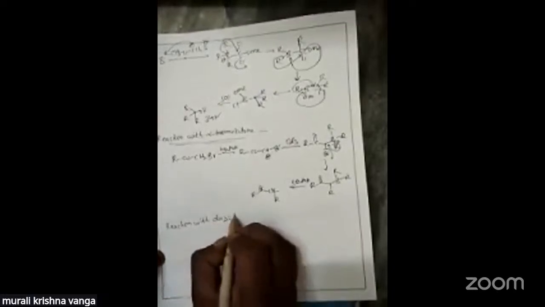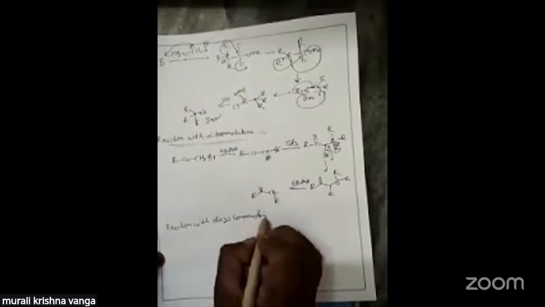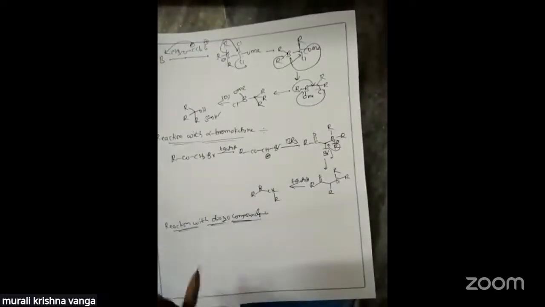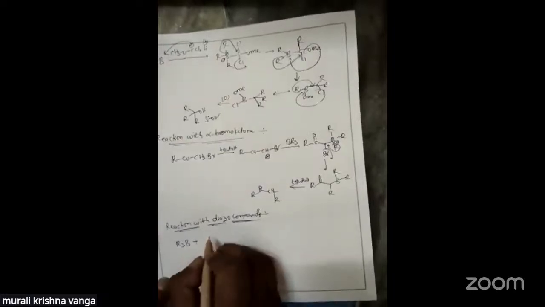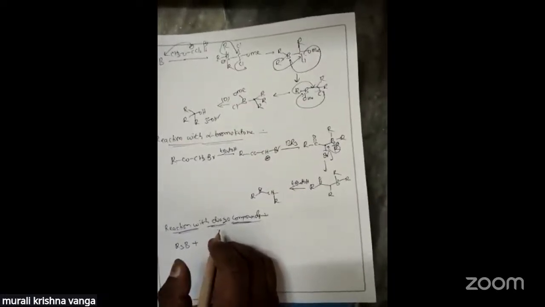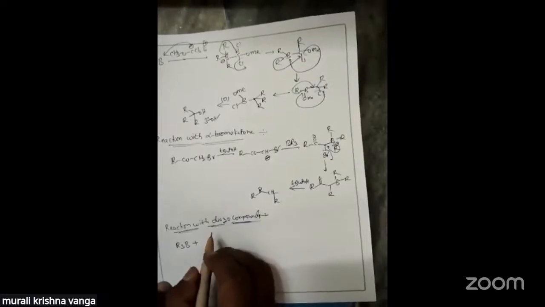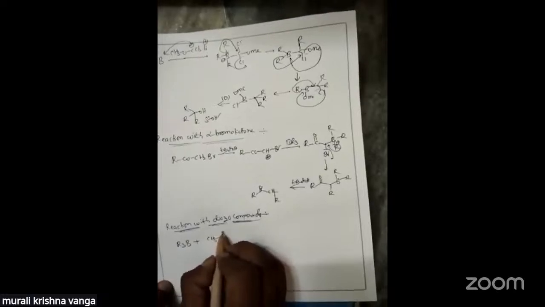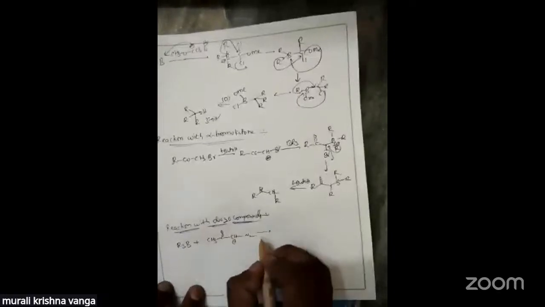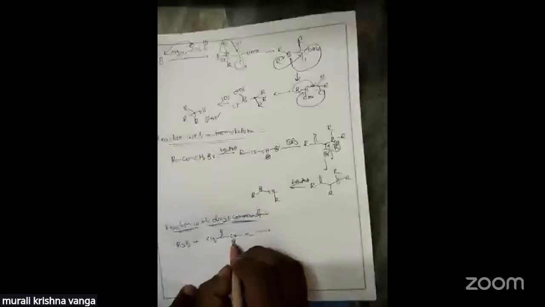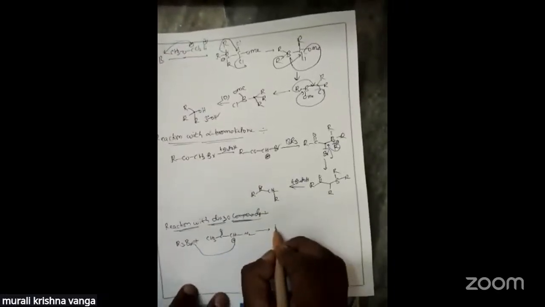Next one is reaction with the diazo compounds. When trialkyl borane reacts with alpha diazoketone, in this alpha diazoketone the negative charge attacks boron, then forms an intermediate.